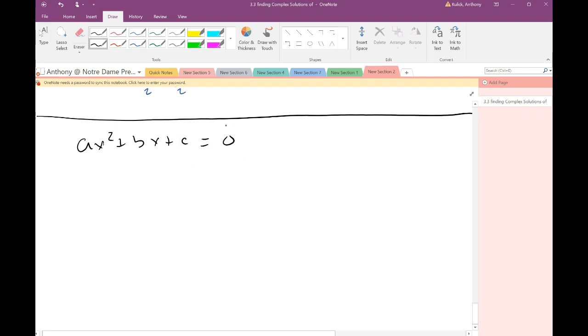So I'm going to just solve this very, very general situation. Again, this is any quadratic. And if I solve this by completing the square, I'm going to get a formula that'll work every single time. Okay, so the first step is going to be to divide by this leading coefficient.